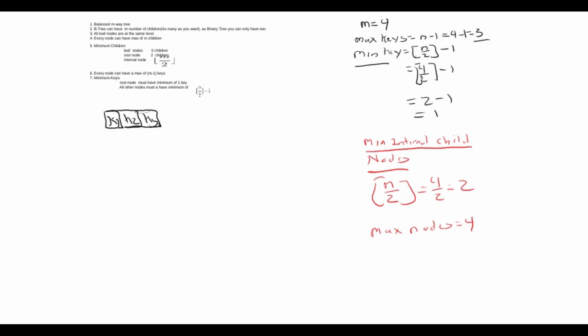The root must have a minimum of 2 children. Sorry, the minimum keys is 1. So the minimum number of keys we could have is 1. This is legal.